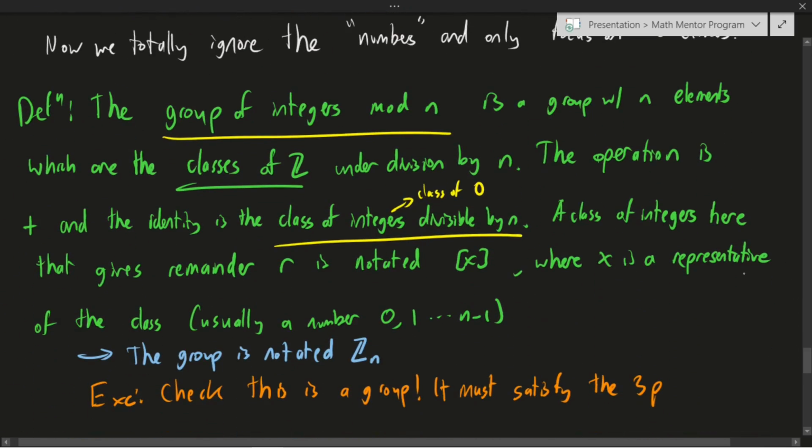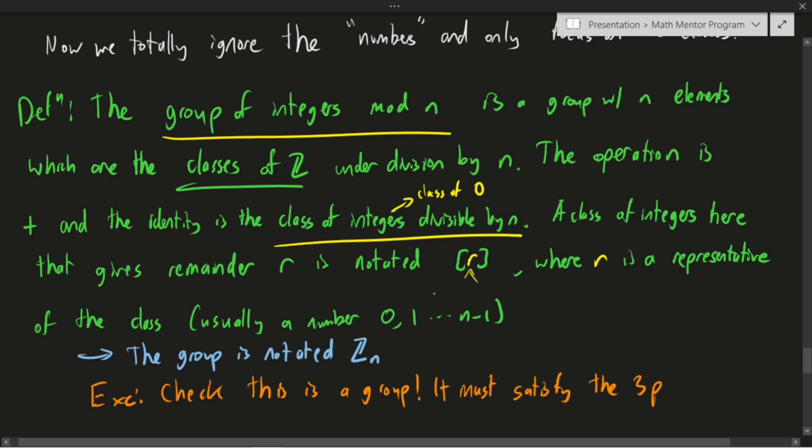Okay? Now, a class of integers that gives remainder r is actually from now on going to be notated with square brackets. We'll write here the little x. Really, x we could really make it r, right? But the thing is, sometimes people will choose a different number to go inside this box. r is just a representative of the class.